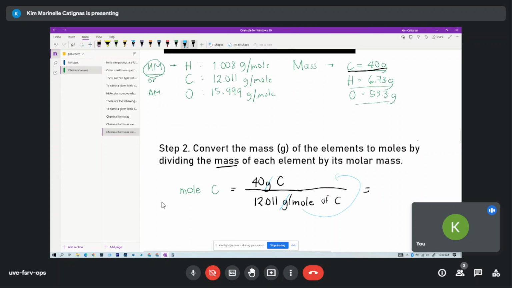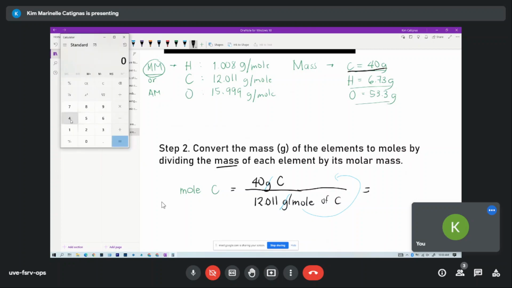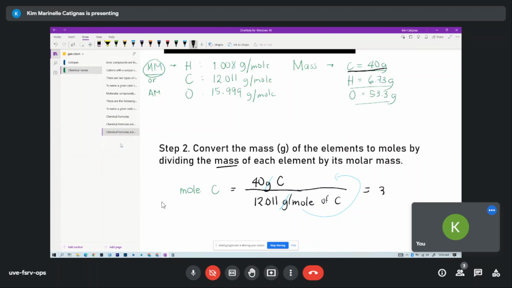So, ibig sabihin, pag dinivide natin tong 40 divided by 12.011, we will get 3.33. Okay, let's put 3.33. And ang magiging unit na niya is mole.